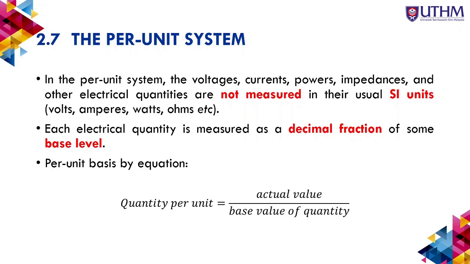Macam mana kalau ada tiga transformer? Okay, because of the complete system, maksudnya daripada generator pergi line pergi kepada load. So ada step up transformer 1, kemudian ada step down transformer 2. So ada dua transformer, and then daripada load tu you nak transfer pergi ke primary ataupun secondary side.